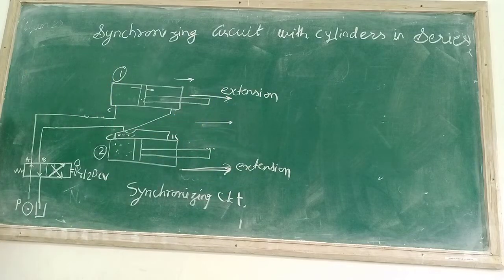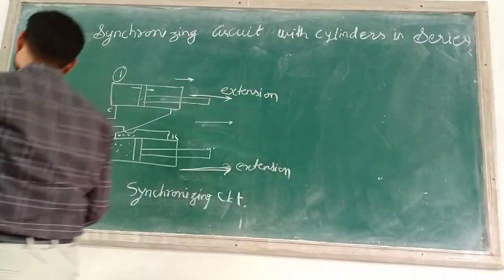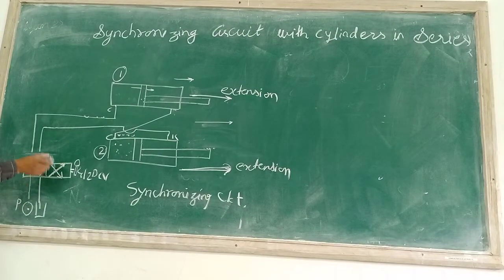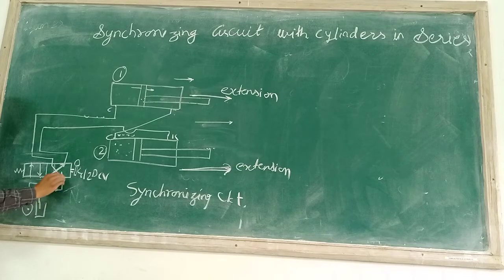Then what about the retraction? For the retraction, we need to change the position of this direction control valve. Okay, so let's consider that I am changing the position of this direction control valve. Now it is connecting in that way.